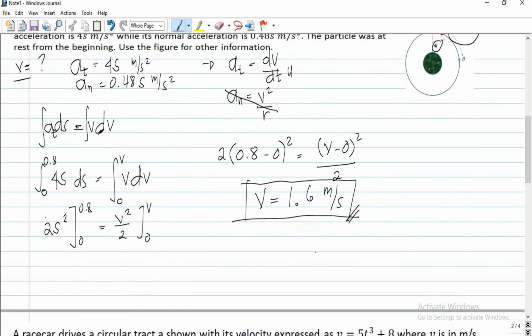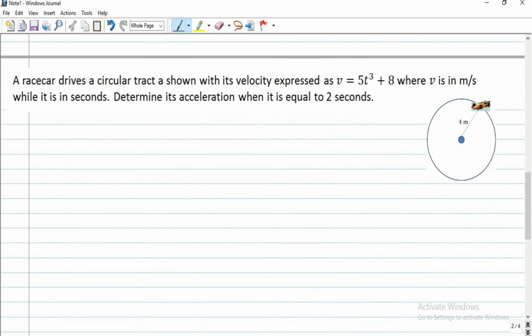Okay? Third example. A race car drives a circular track as shown with its velocity expressed as v equals t cubed plus 8, where v is in meter per second while t is in seconds. Determine the acceleration when t is equal to 2 seconds.